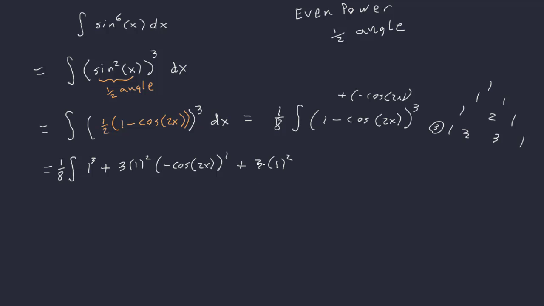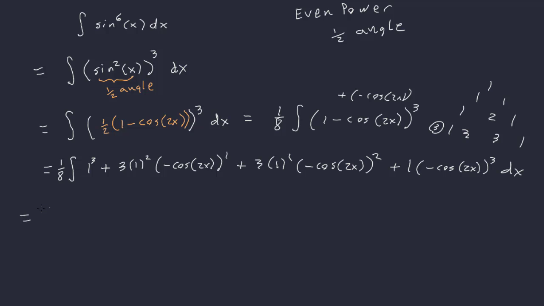Again, normally you wouldn't write all this, I'm just kind of showing where this junk comes from, times negative cosine of 2x all squared, then plus 1, and then here, I sure did mess this up. That should be 1 to the 1. Okay, then it'll be times, well, the 1 piece disappears, but the negative cosine of 2x gets cubed.